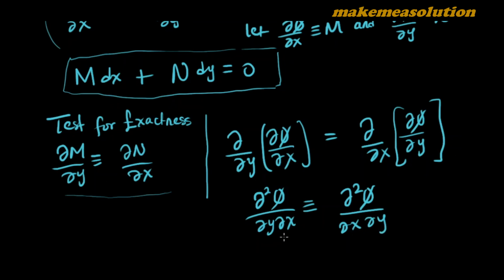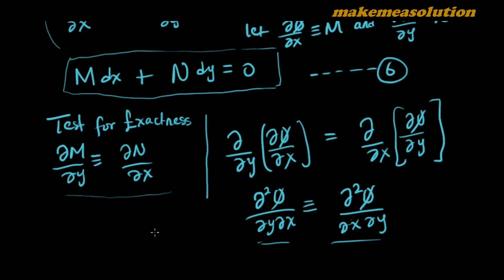Now, if there is symmetry in del 2 phi over del y del x and del 2 phi over del x del y, which is commonly the case in most implicit functions, and these two are equal, then it means that your equation, equation 6 over here, is exact.